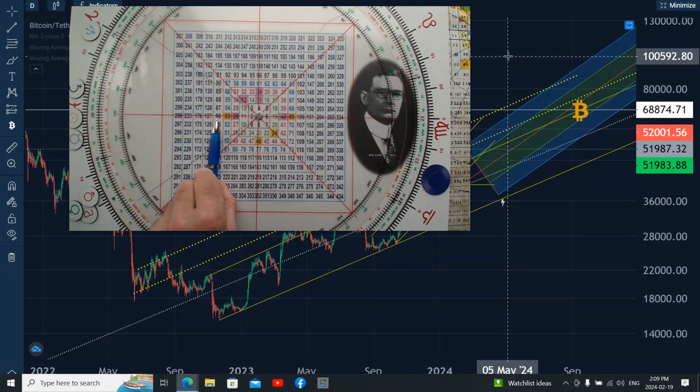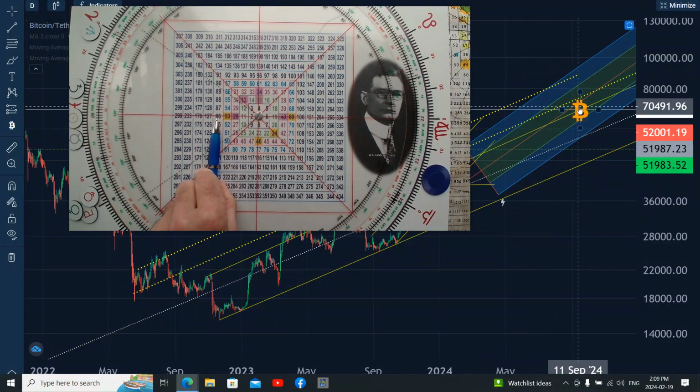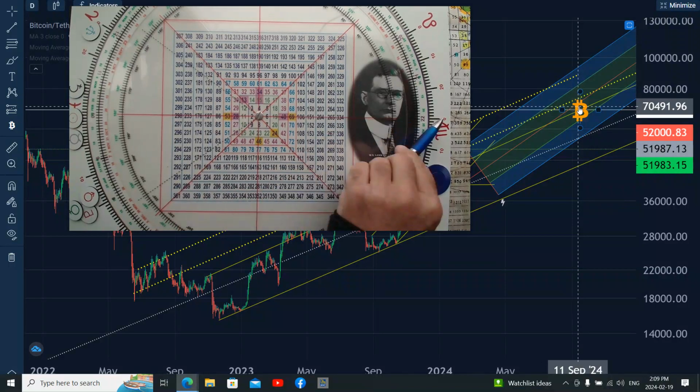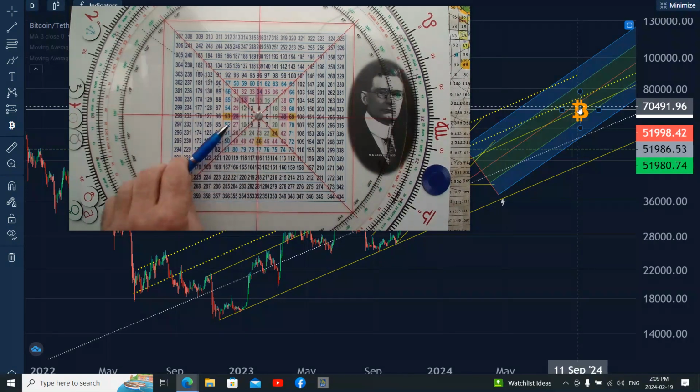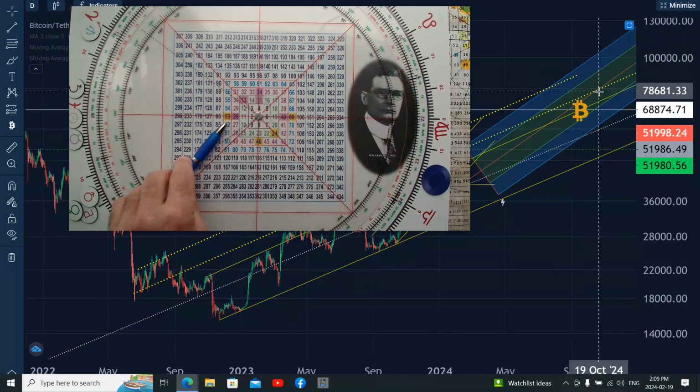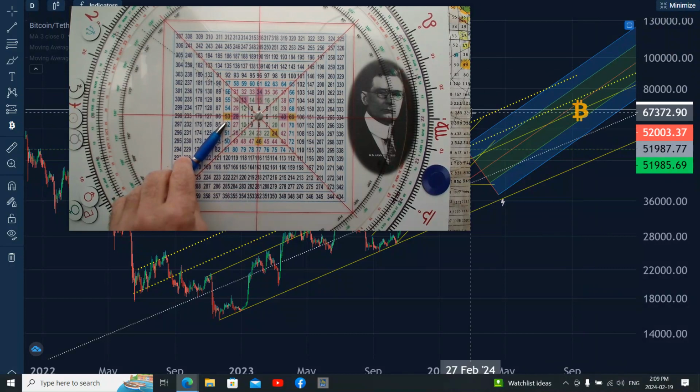However, getting above this area in September, when the sun will be on this side, back to where its old bottom was a year ago, we could be back sitting on 53 here. Let's take a look at that.